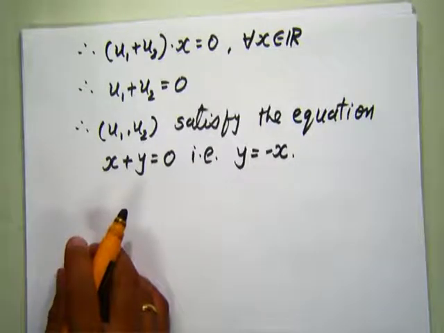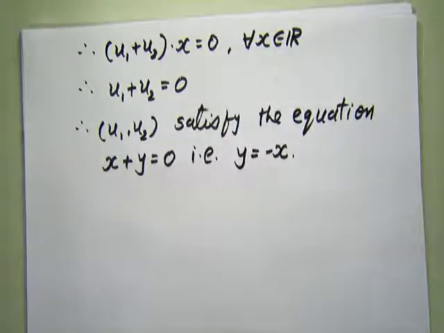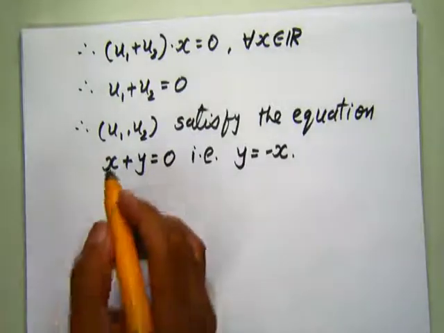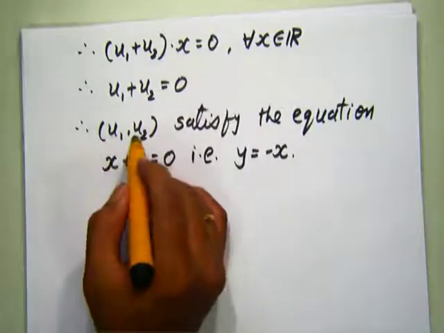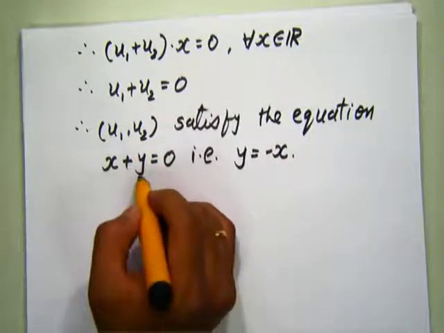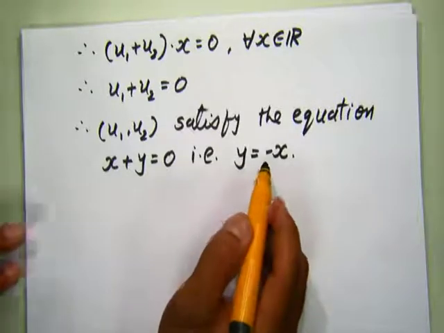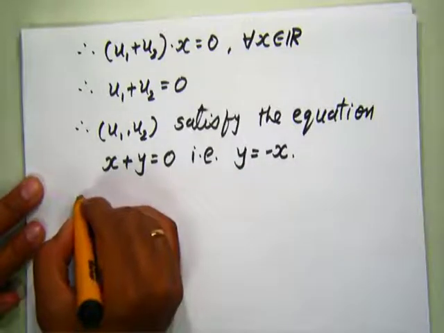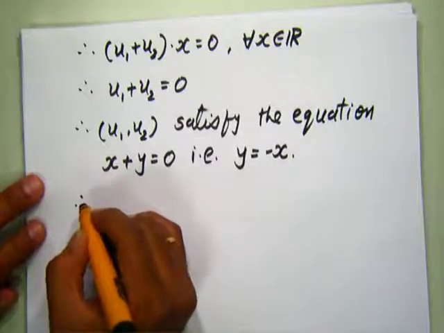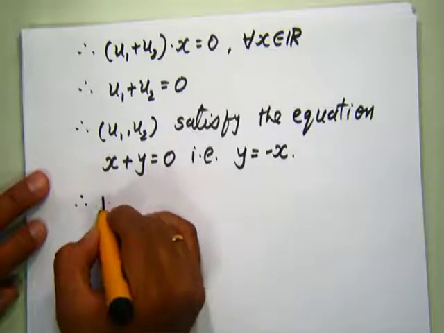Here we have taken u as any arbitrary vector. It means when you take any arbitrary vector in W complement, (u1, u2), it always satisfies the equation x plus y equal to 0. It means it is of the form y equal to minus x. So if we take the collection of all such vectors, then it becomes W complement.